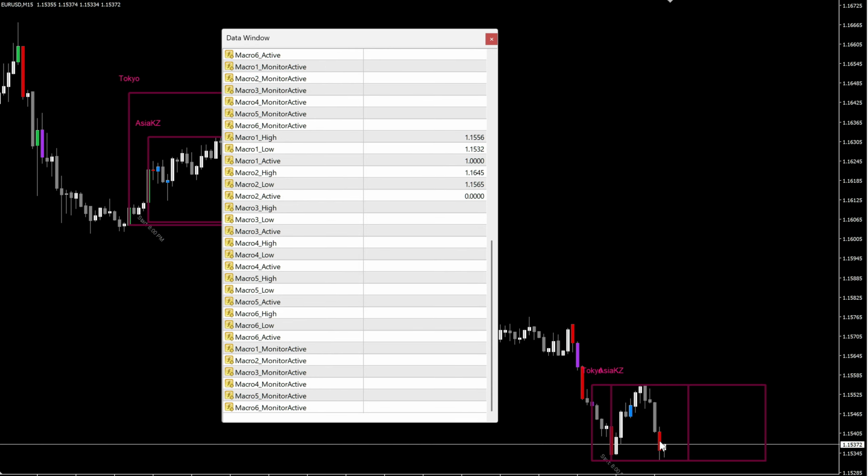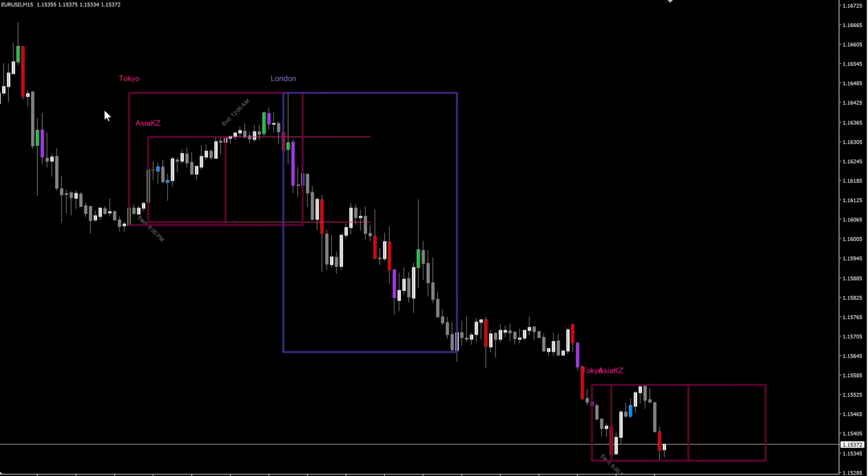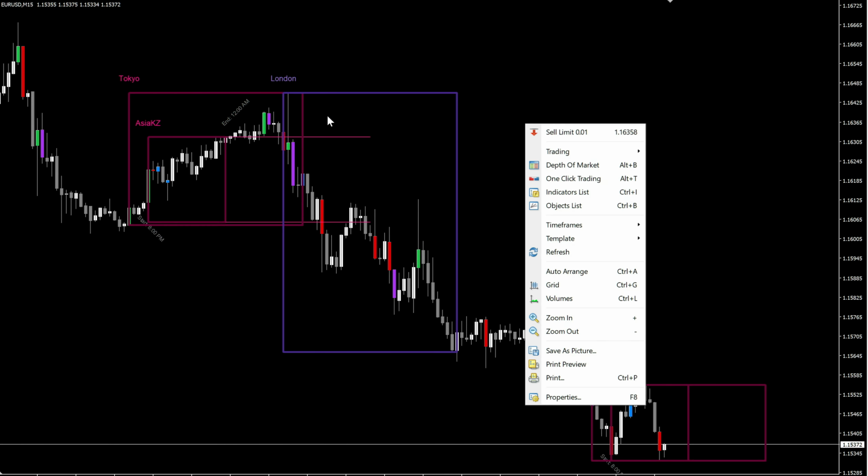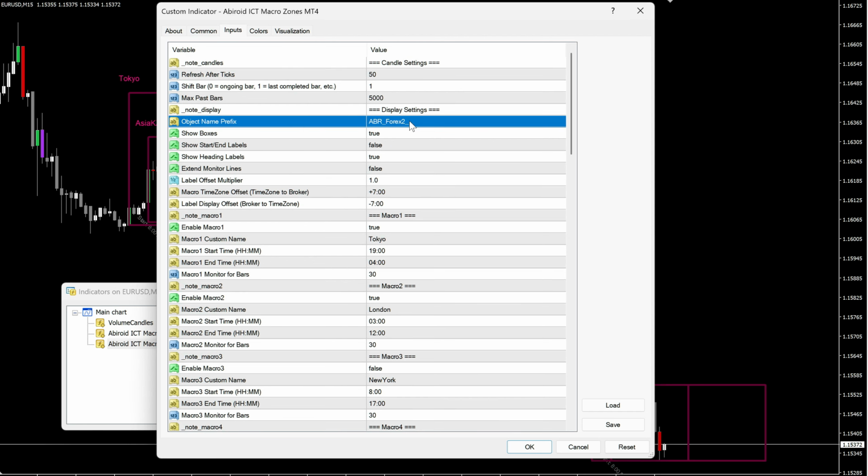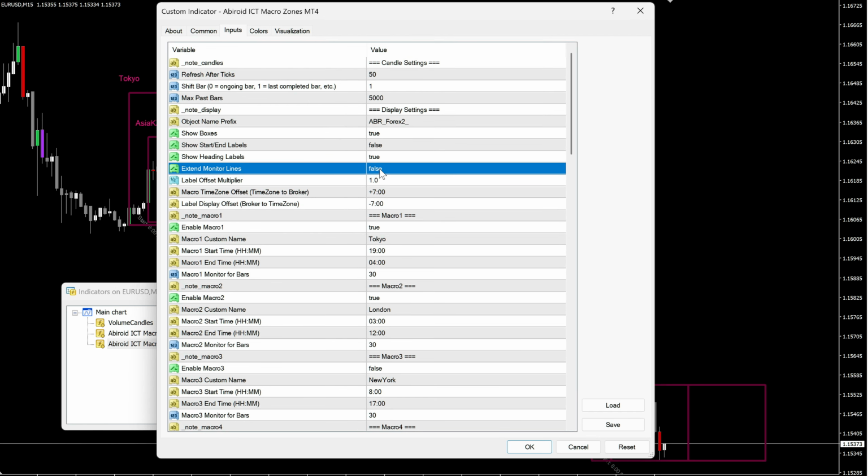So if you are using this with your own expert, in that case you can get these buffer values. And for that you might want to keep all of these boxes false. So just be sure of that. You can set all of these to false and it won't draw anything on the chart.